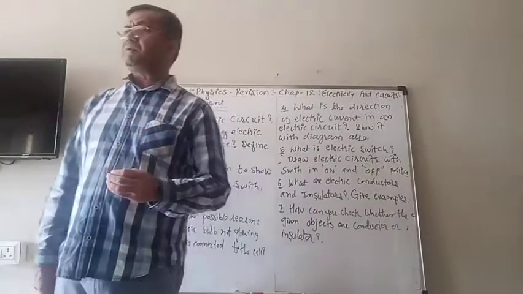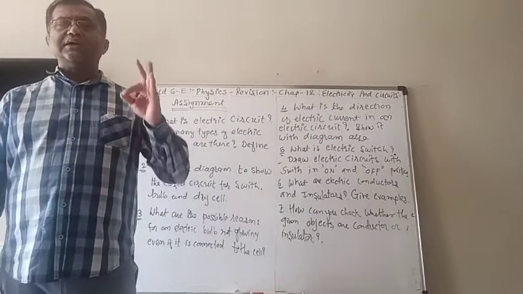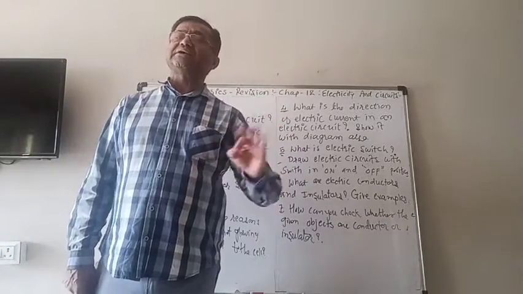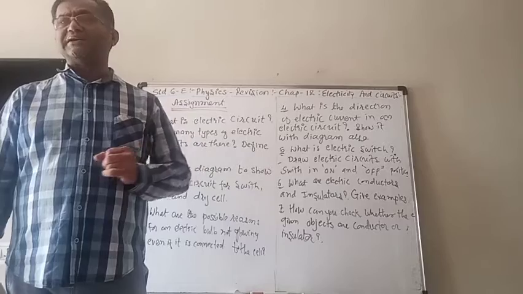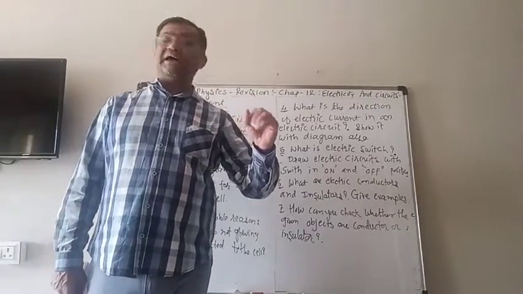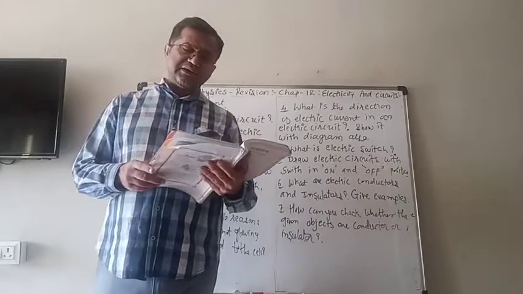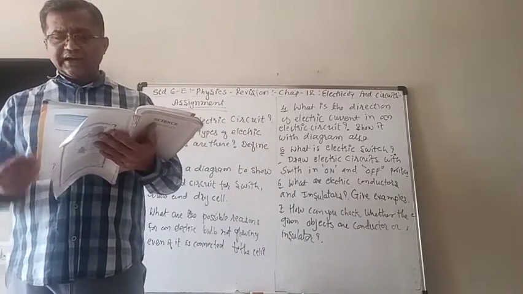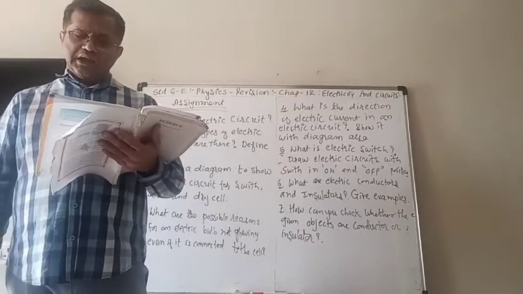That type of material is known as a conductor. All the metals like iron, copper, aluminium, etc. are electric conductors.